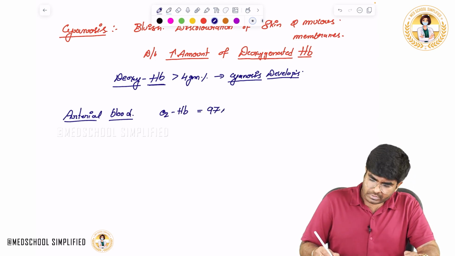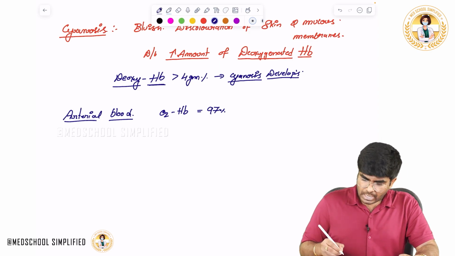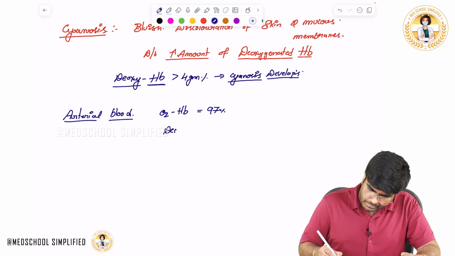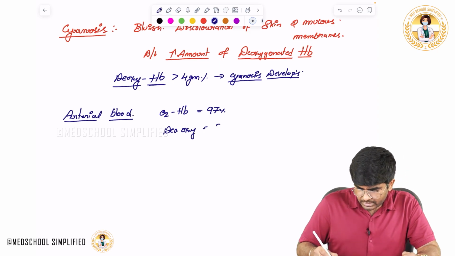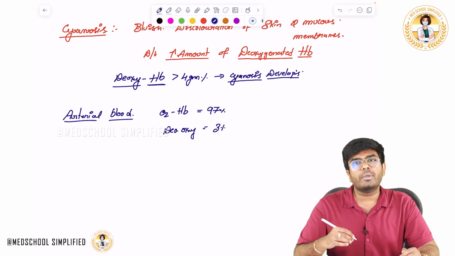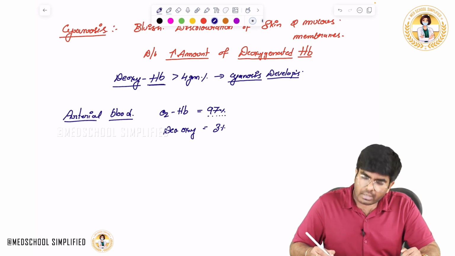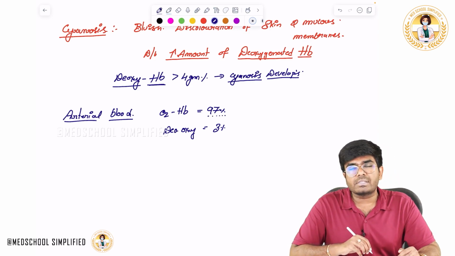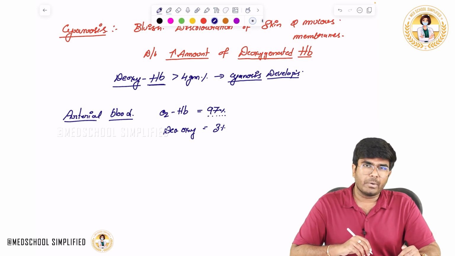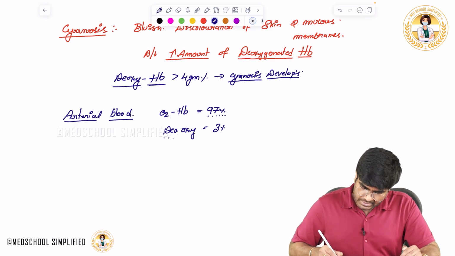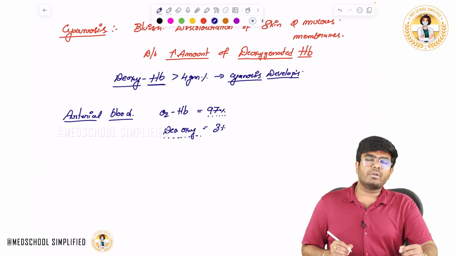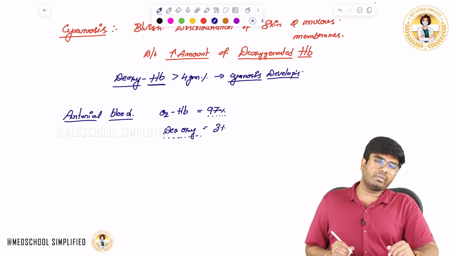And how much is deoxyhemoglobin? 3%. We have discussed this in the topic of hypoxia also. 97% of hemoglobin in your arterial blood is oxygenated. 3% is deoxygenated because of the mixture of a little venous blood from the coronary veins.